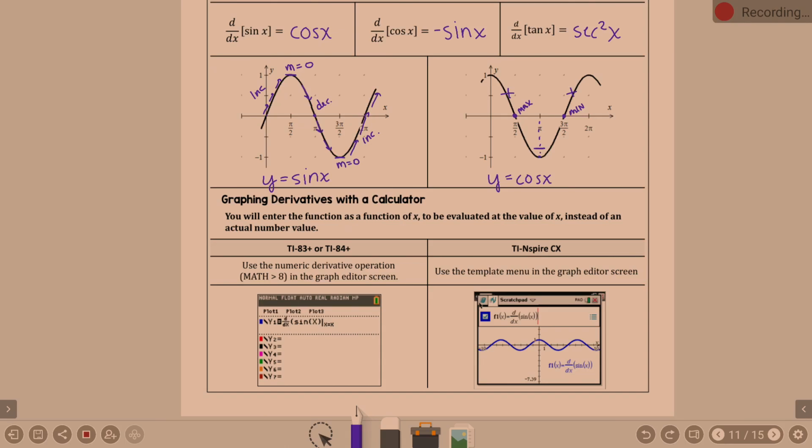I'm trying to think, do I want to say it's because there's a 0 or because that's an inflection point? Might be better to say it's where our concavity changes. We go from being curved down to being curved up. And so over here it's represented as a min.